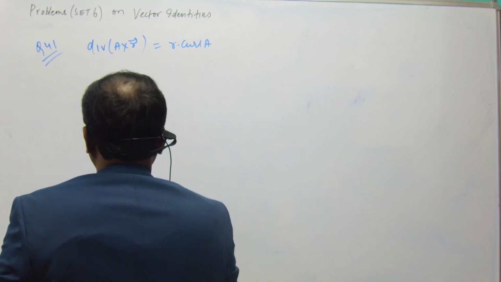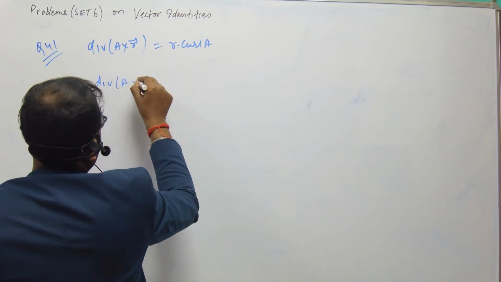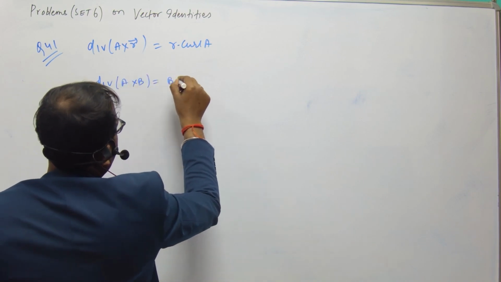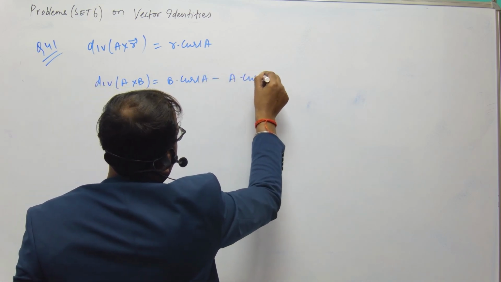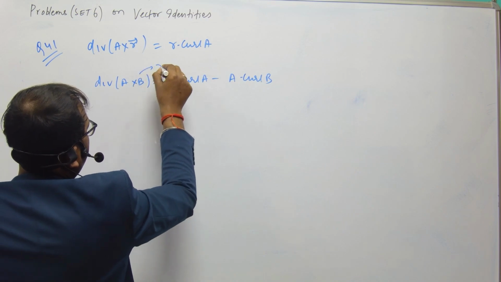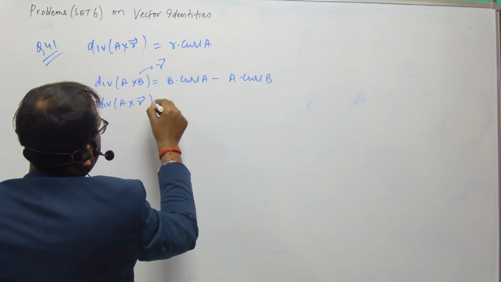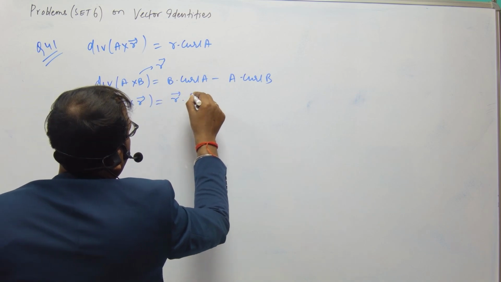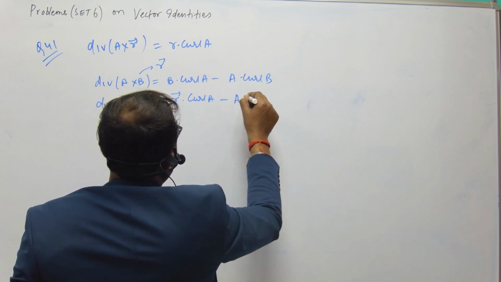Okay, so we have studied the identity divergence of a cross b equal to b dot curl of a minus a dot curl of b. So let us take b as r vector.